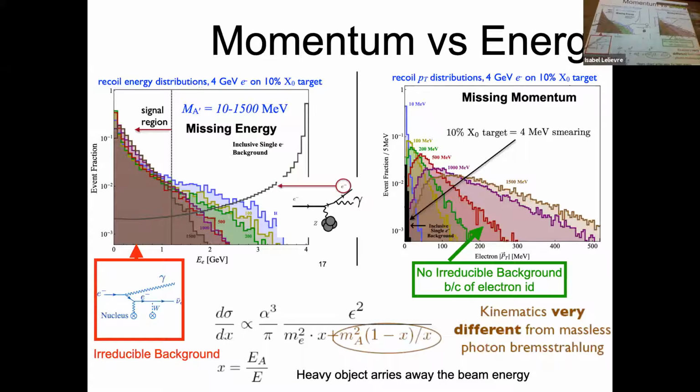All right, so this is a missing energy search where you have this background. Once you have transverse momentum, you actually can get rid of this background. The reason is that once you have tracking, you can identify photons and separate them from electrons. Bremsstrahlung photons are a background, but you can remove them because you now have photon ID. And so this is what you get for the transverse momentum. The x-axis here is the electron transverse momentum.